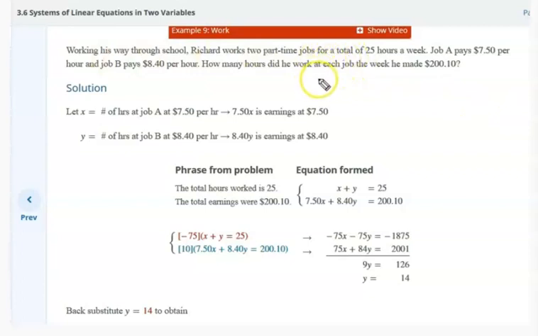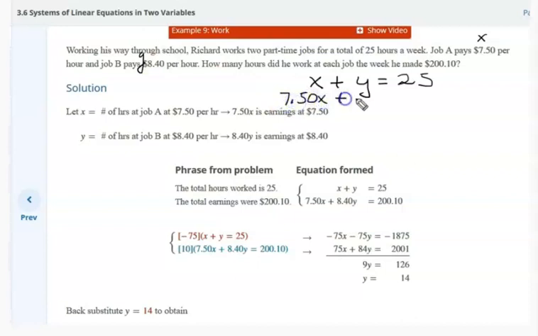So right away we know it's going to be x for one job, y for another, and that's going to be 25 hours. Now let's say that the x job pays $7.50. The y job pays $8.40.